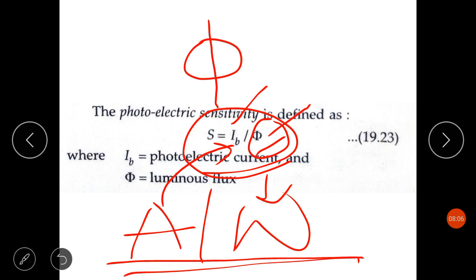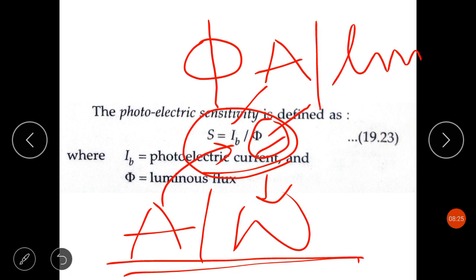Now if the luminous intensity is expressed in terms of lumen, then the photoelectric sensitivity will be called luminous sensitivity, and the unit of luminous sensitivity will be ampere per lumen.